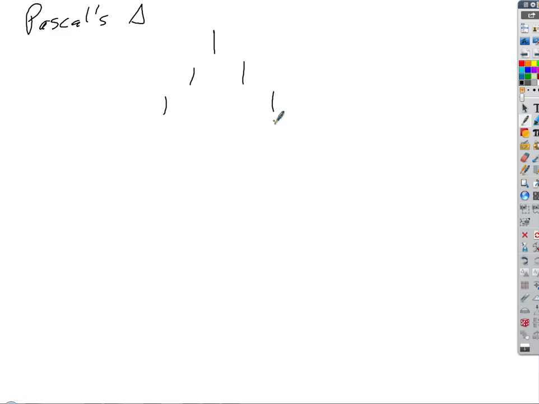But the one in the middle, 1 plus 1 is 2. The next row would be 1, 3, 3, 1, because 1 plus 2 is 3, 2 plus 1 is 3. You can already see that you're going to get symmetrical rows of numbers.